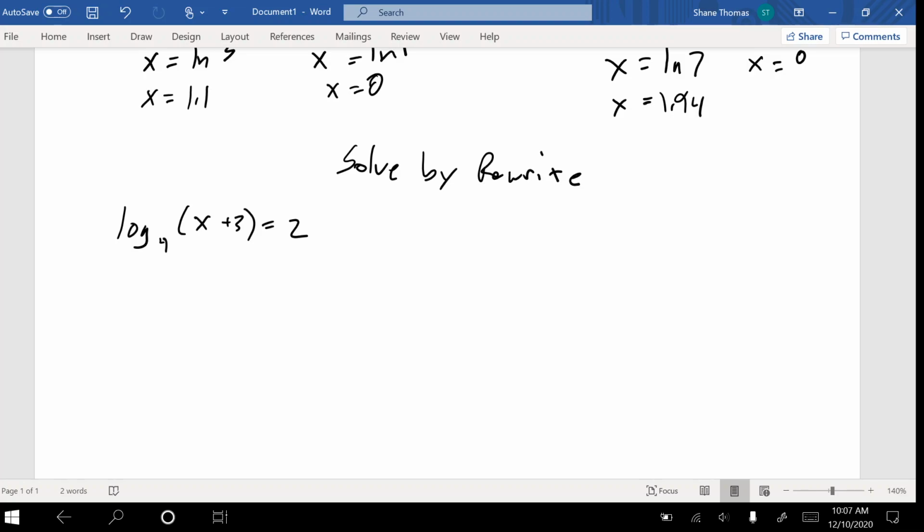This should be 4.2 or 4.3, I believe. Yep, b to the x equals y, and those types of things. You remember those rules? So let's apply that to this right now and rewrite this.